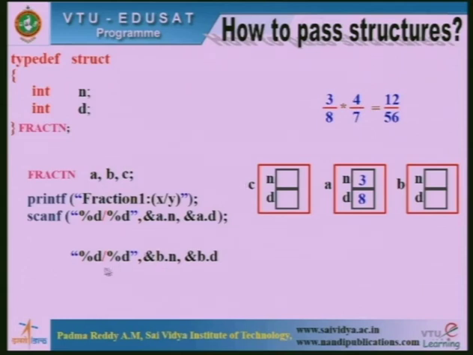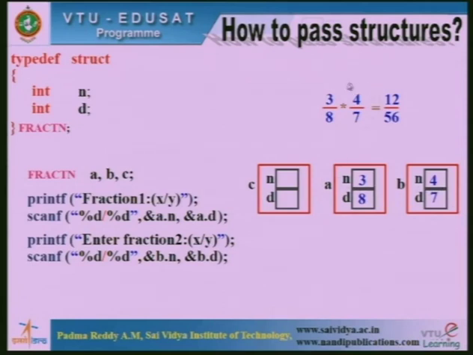So the format specifier we use is %d, %d. And because we have to read the data from the keyboard, I write a scanf here. Now normally before scanf what do we write? Printf. So I write printf enter fraction 2. So if I input 4 slash 7, that 4 slash 7 will be copied into b dot n and b dot d.